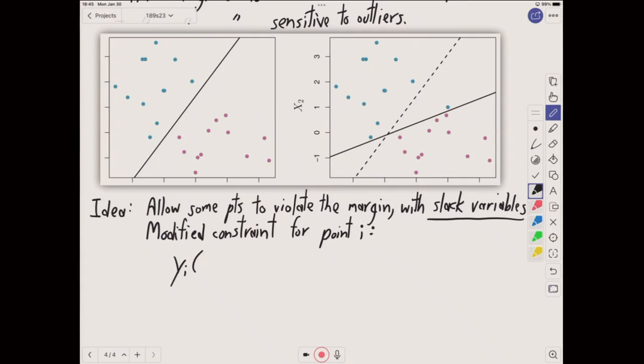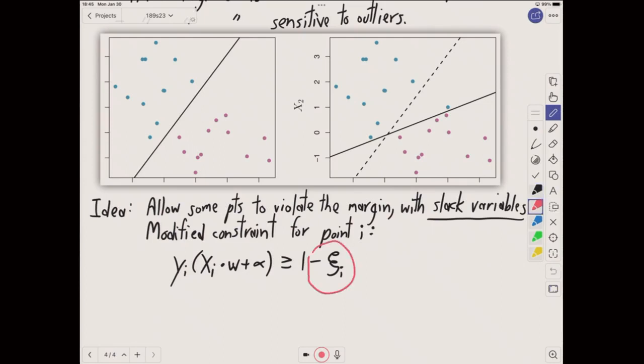Here's the modified constraint, again, for point i. So this constraint here is almost the same as the constraint that we used for hard margin support vector machines.